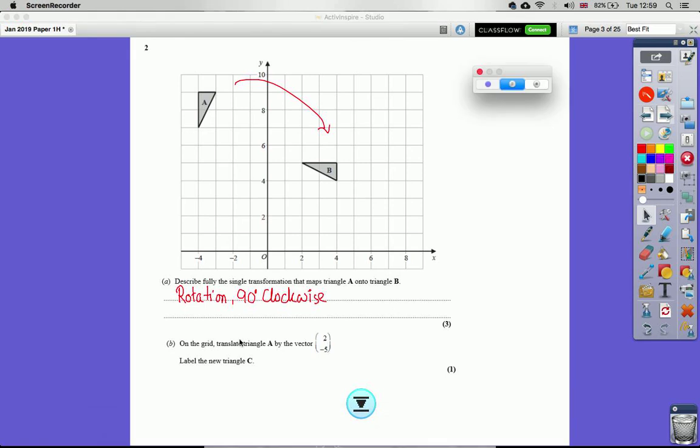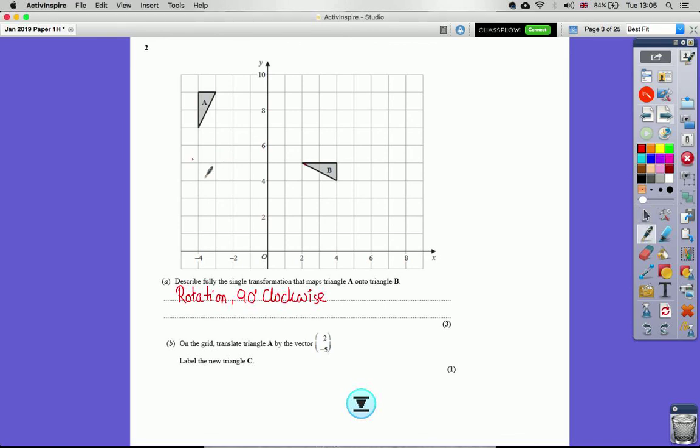So it's 90-degree clockwise. Next we need to look for how to find out the center of rotation. Okay, so the third part is to find out the center of rotation. In this case, you can put tracing paper and test different points. So usually if I draw a dotted line like this, you can see this point has moved down 2 units.